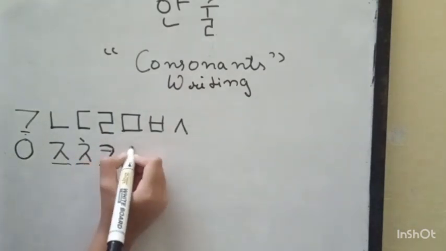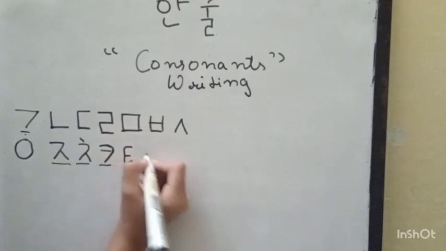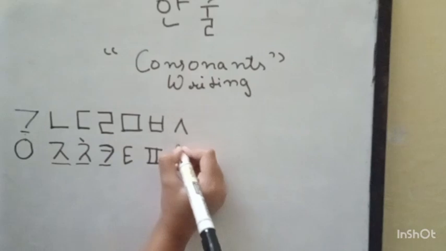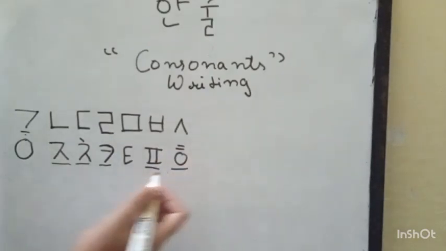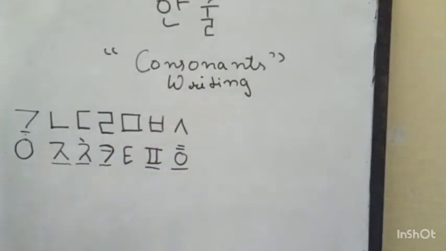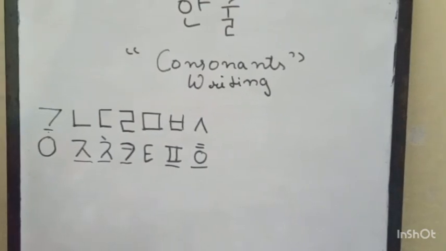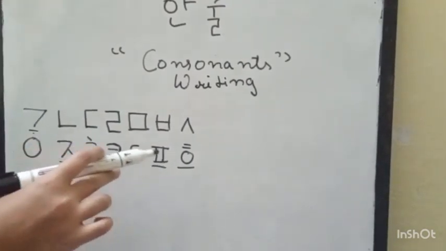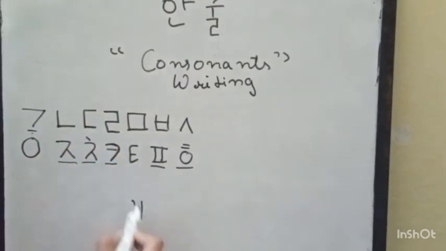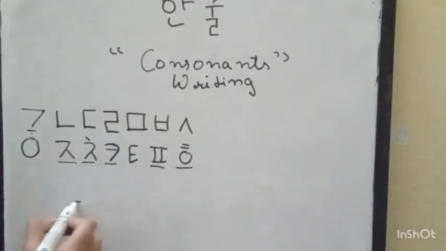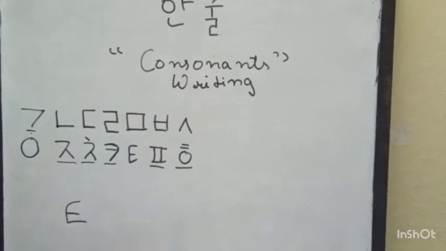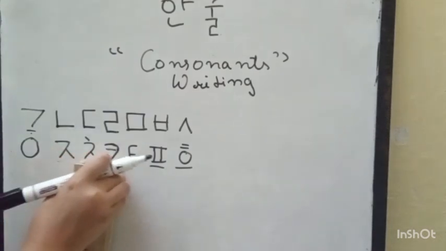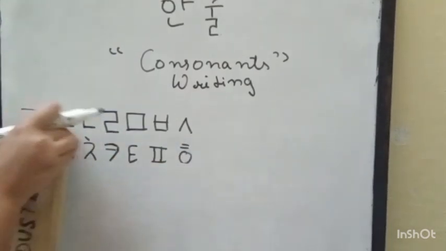K, then T, P, H. H is so cute. It is like a cute witch type of symbol, and heart and all. Pa is just the Roman number 2. Roman number 2 is also written like this. So you can just say that Pa is also like that. And Ta is just simply E. So you are already familiar with this kind of symbol.